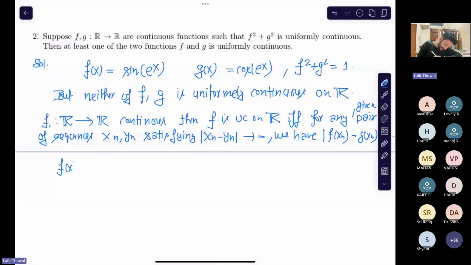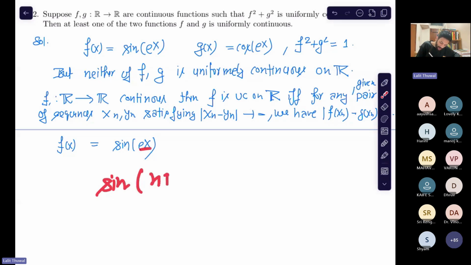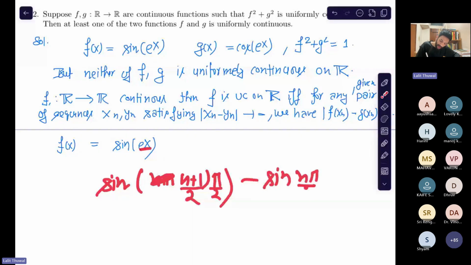Now we have this function, sin e to the power x, and similarly you can prove that cos e to the power x is not uniformly continuous. How am I going to construct example C? I will first try to get something like sin of (n plus 1) pi by 2 minus sin n pi by 2, because that sequence will then not converge.